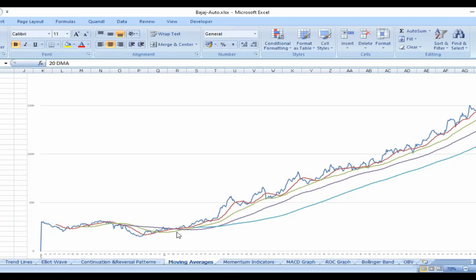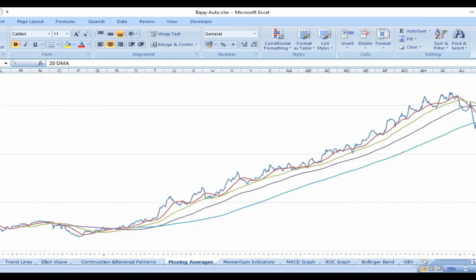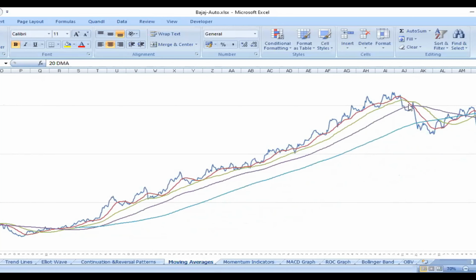If you are looking for short-term swing trading, what you would do is look at the stock price. So this is the long-term trend, and as soon as the price becomes higher than this, you get into a long, and you keep it long until you see a reversal, right?